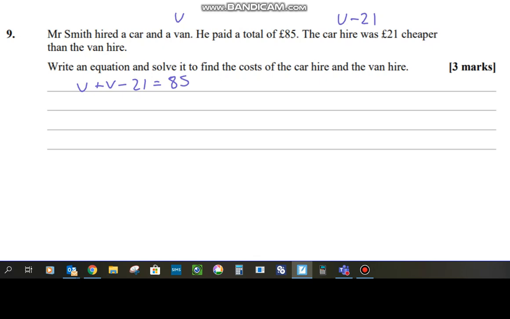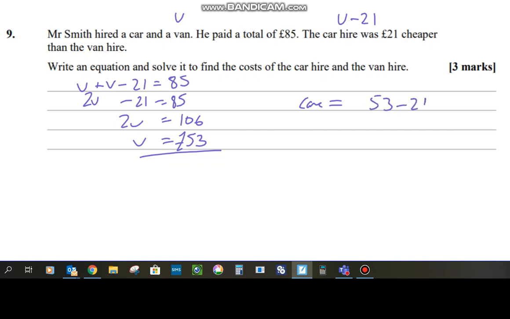So that gives us 2V minus 21 is equal to 85. So 2V must be equal to 106. So V, which was the van, must be equal to £53. For the car, it's just going to be 53 minus 21, because it's £21 cheaper, and that's £32.